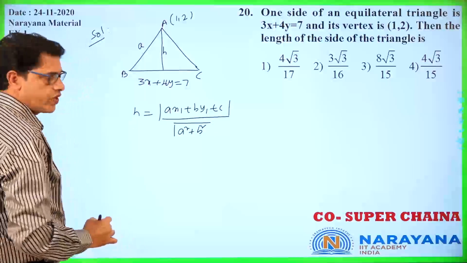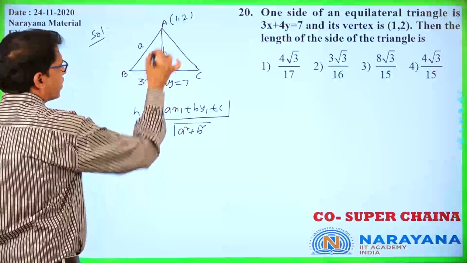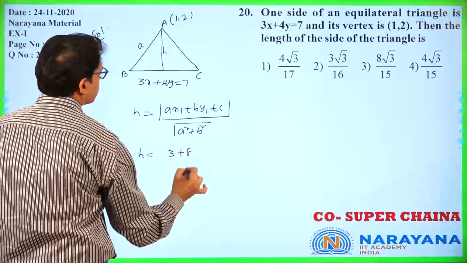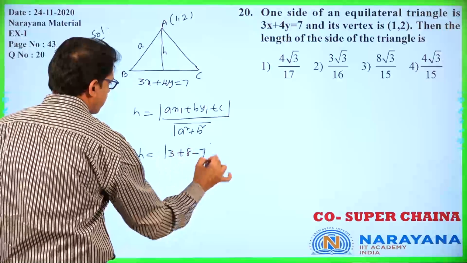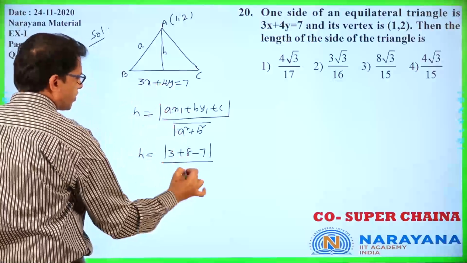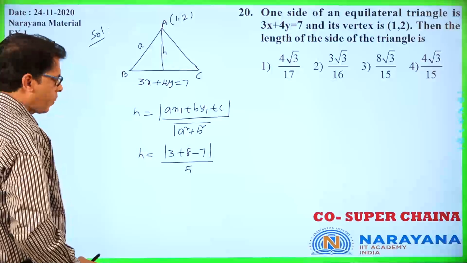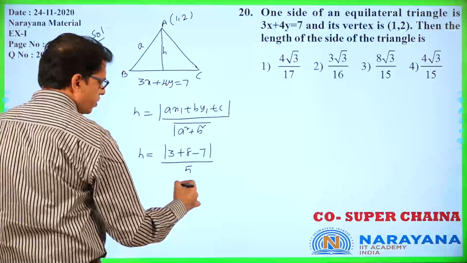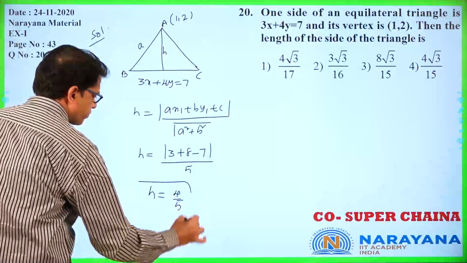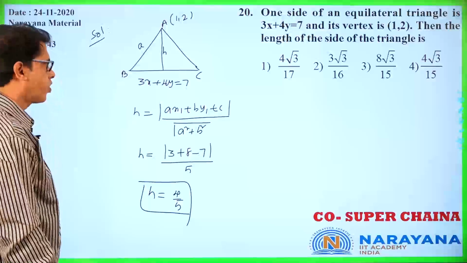So 3 into 1 is 3 plus 4 into 2 is 8 plus c, where c is minus 7, over root under a square plus b square. Root under 9 plus 16 becomes 5. 8 minus 7 is 1. So h value is 1 upon 5.